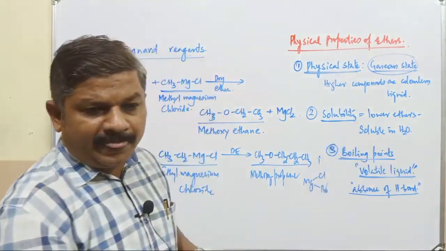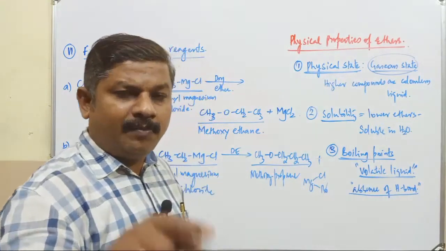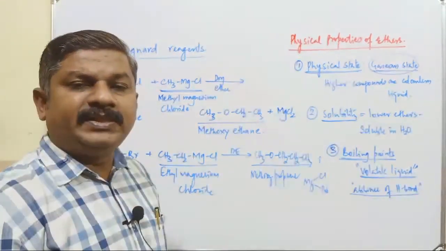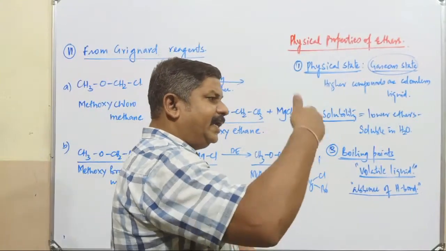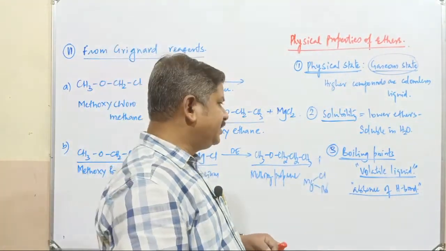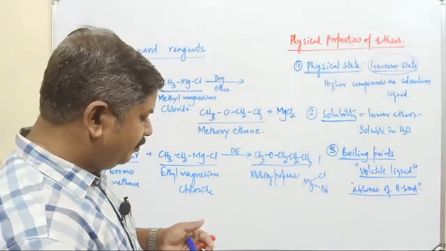If you compare the boiling point of phenol and aromatic ethers, the ethers have the lowest boiling point, because phenol forms very strong hydrogen bonds. But in case of higher members of ether, no hydrogen bond exists. Because of that, these compounds have the lowest boiling point.